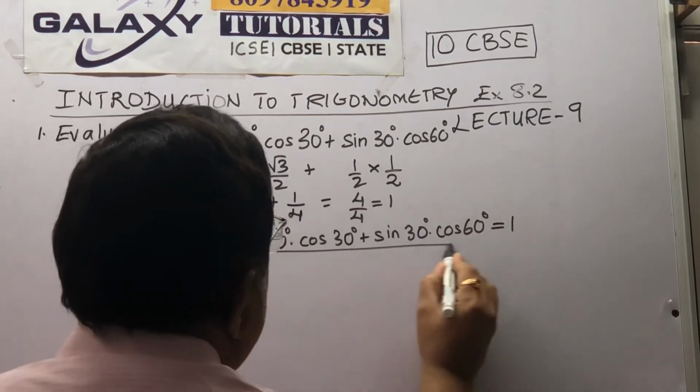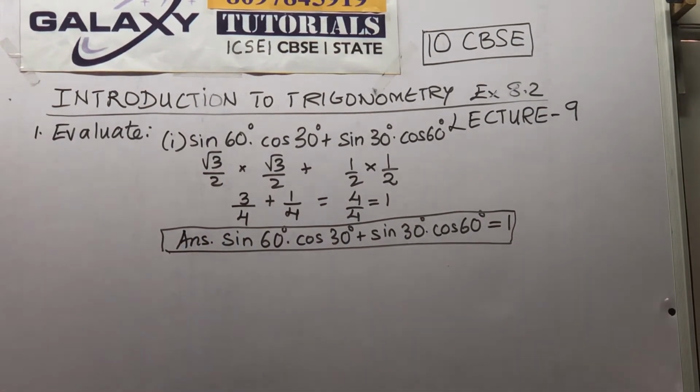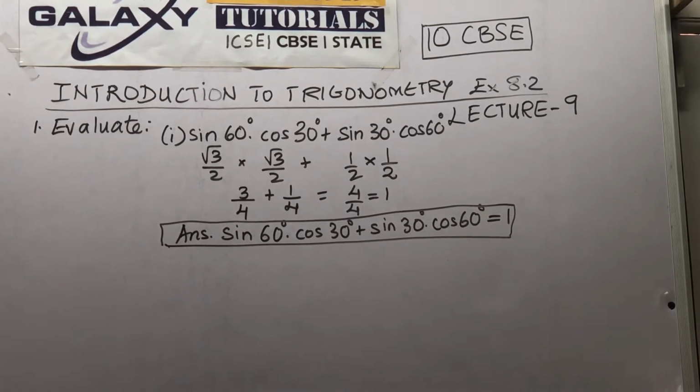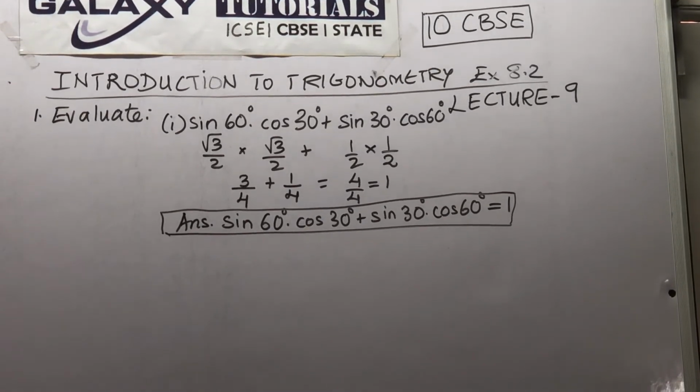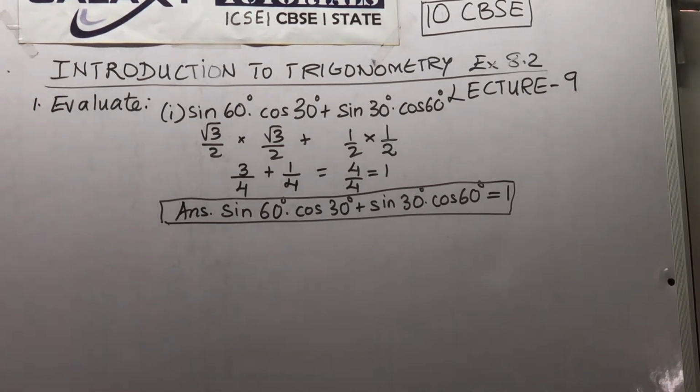Never forget, otherwise half a mark will go. And square box your answer. This is how to solve the sum. You see, if you do not know the table, you cannot solve such sums. And if you know the table, in 1 or 2 steps, we can just put the values and find the answer.